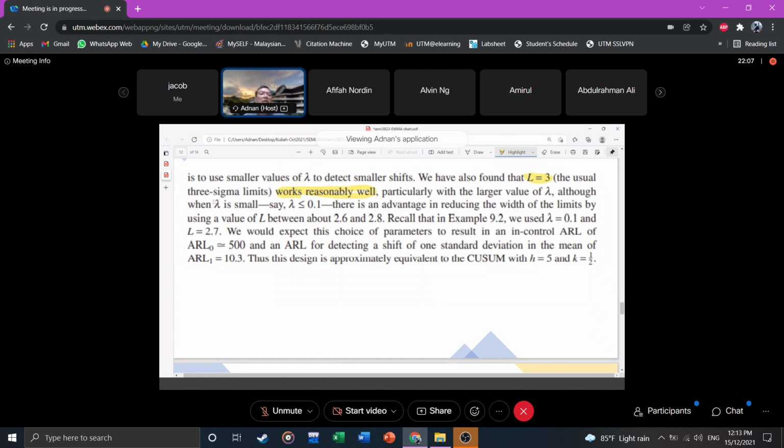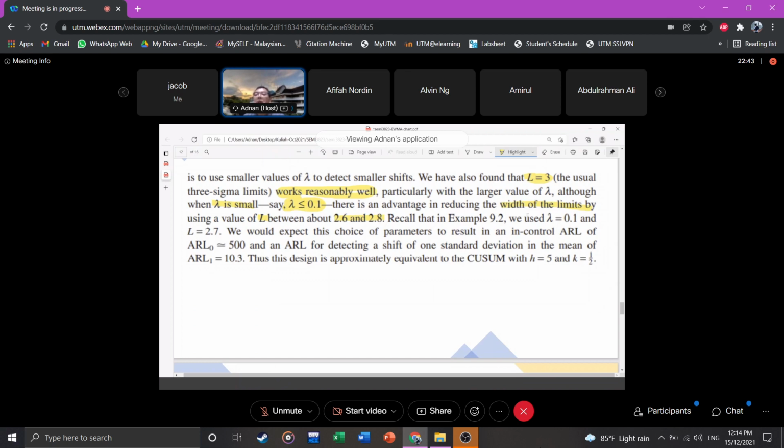However, when lambda is small, let's say 0.1, there is an advantage in reducing the width of the limit by using a value of L which is 2.6 or 2.8. Since lambda is small, instead of using L equal to 3, we can use L equal to 2.6 or 2.8, meaning less than 3.